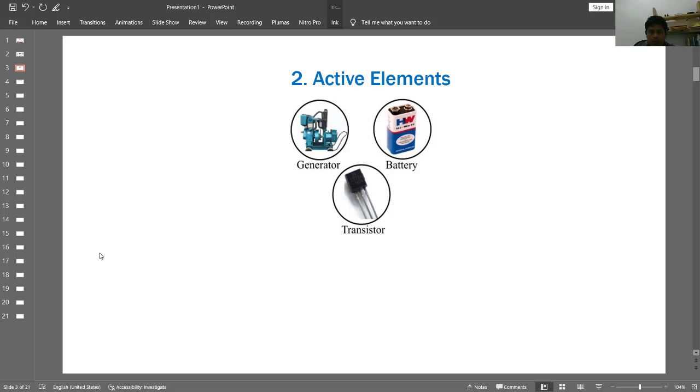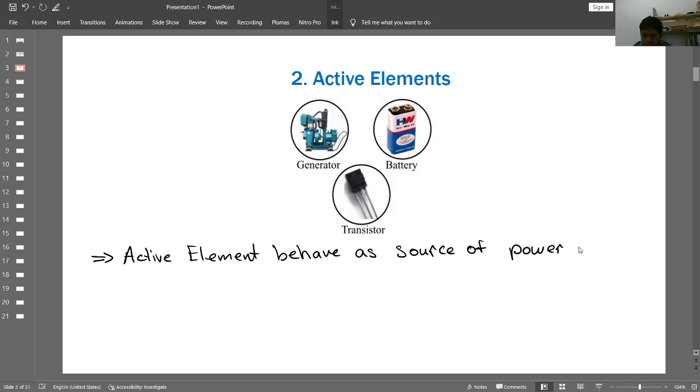I can say here that an active element or active component behaves as a source of power in the circuit.